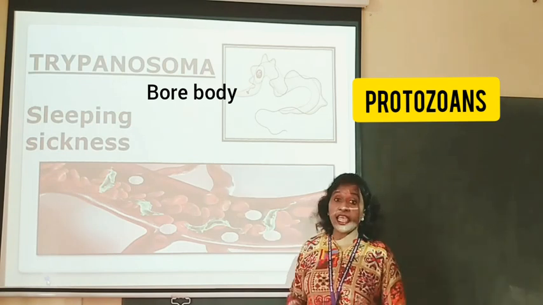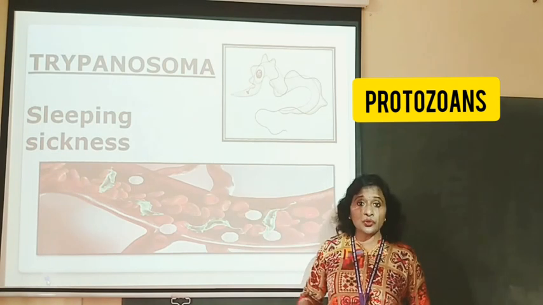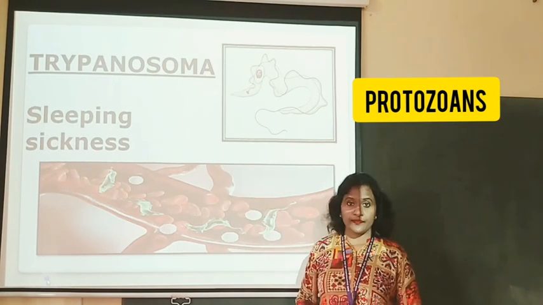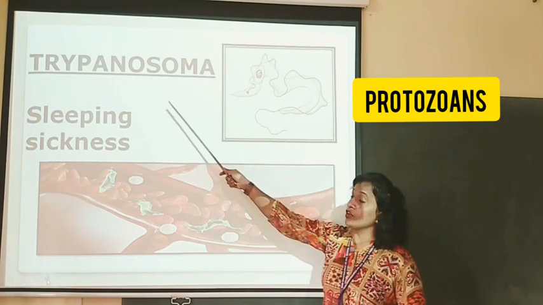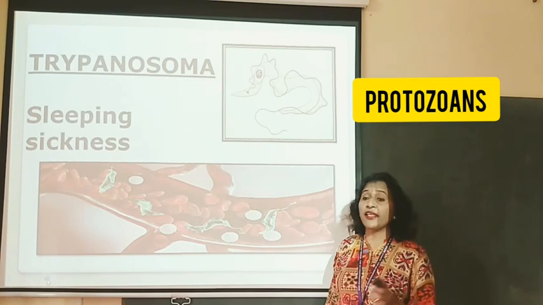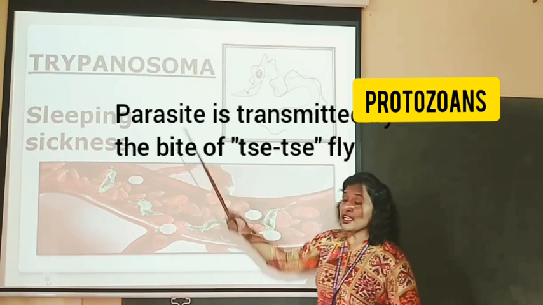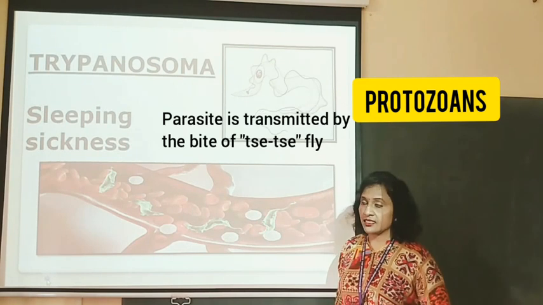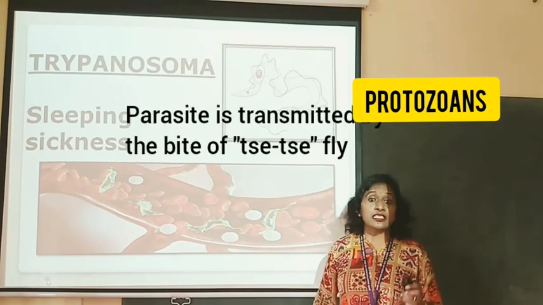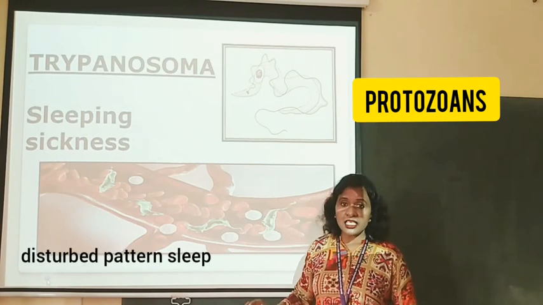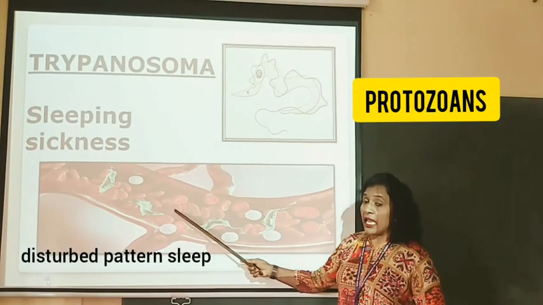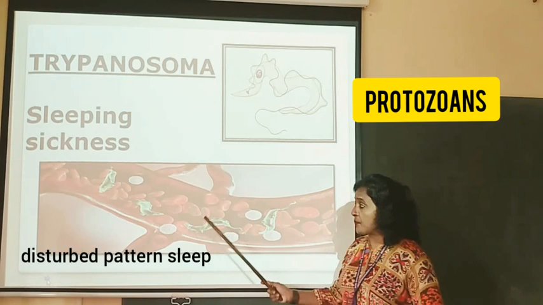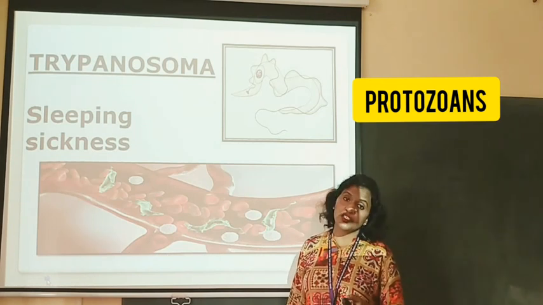Why? Because they have a corkscrew type of motion, so therefore the name is given as Trypanosoma. They cause sleeping sickness, which is disturbed sleep in humans, as these organisms are present in the blood stream.